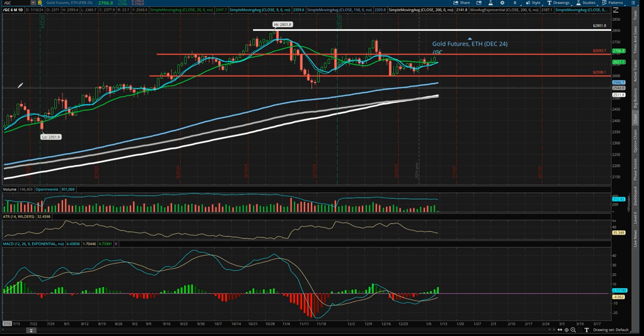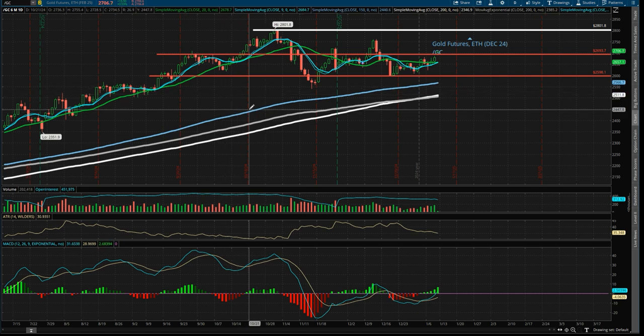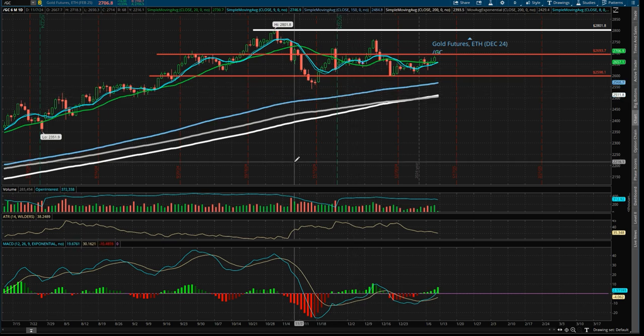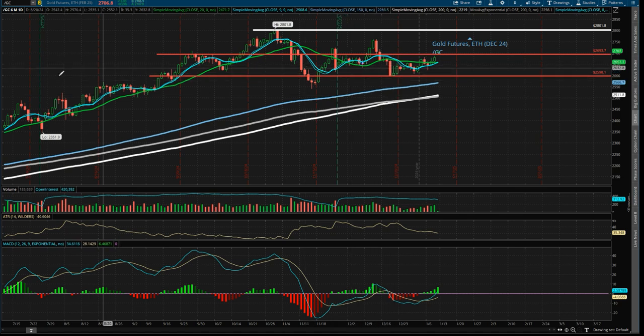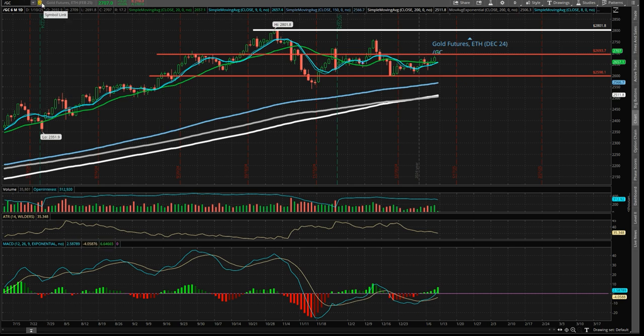I was looking at the Bitcoin futures, and I was looking at gold futures, and I had kind of noticed that the patterning was similar in the two. So that's Bitcoin futures here. Oh wait a minute, let me fix this.